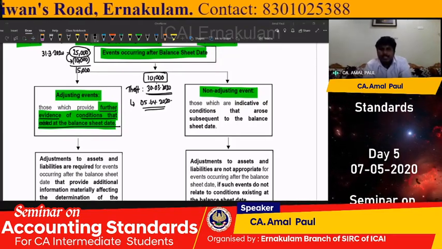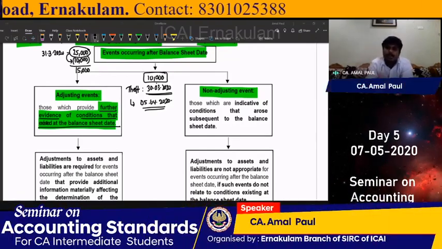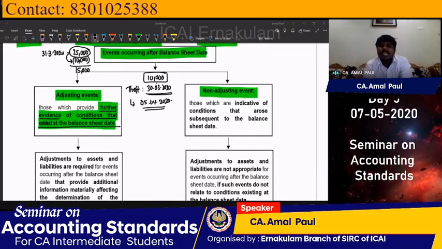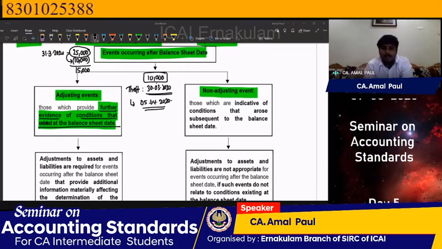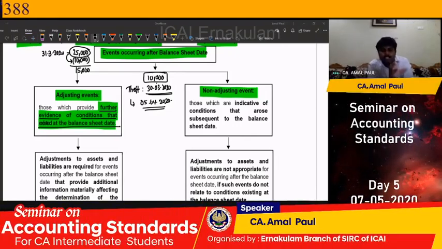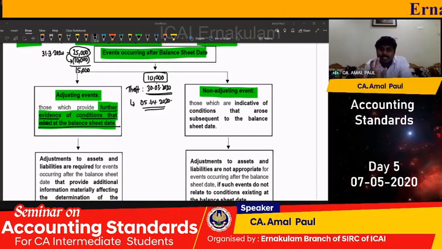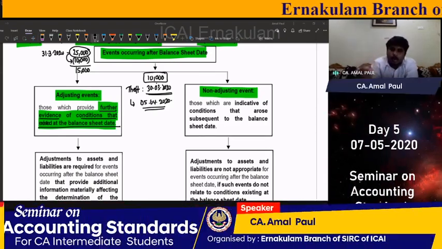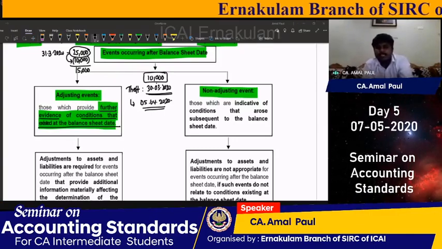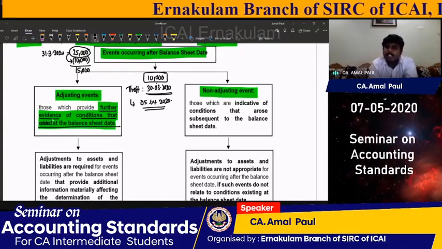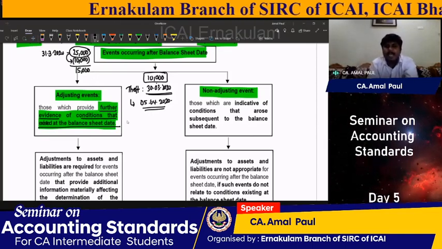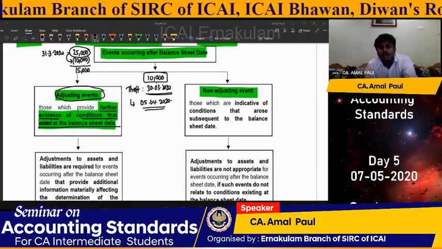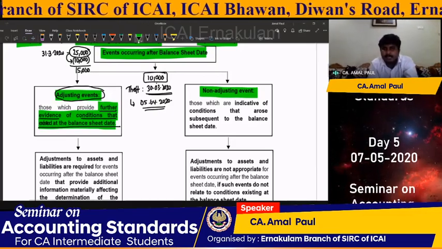The subsequent event declaring him as insolvent is a further evidence of a condition existed at balance sheet date, that is, the amount is not recoverable. Likewise, we should consider whether this is an event occurred after balance sheet date or it provides further evidence of a condition existed at balance sheet date. If it does, those type of events are known as adjusting events.